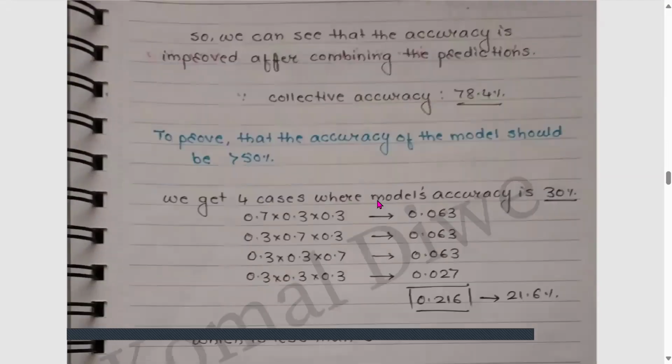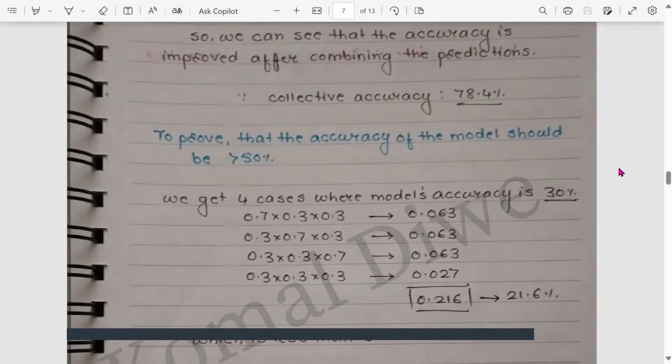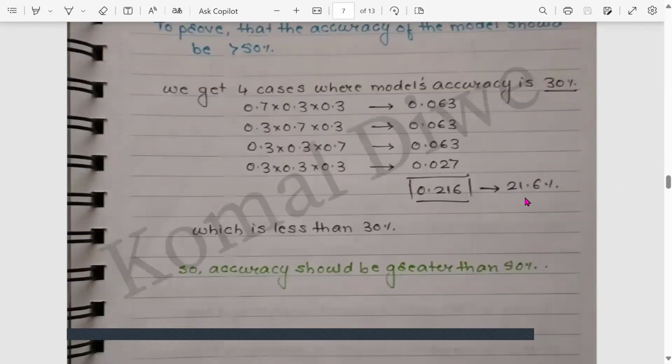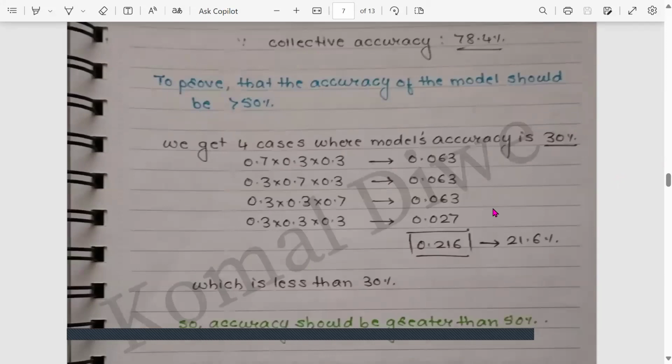Now, to prove that the accuracy of the model should be greater than 50%, we get four cases where model accuracy is 30%. This case 30%, and all of these are 30%.